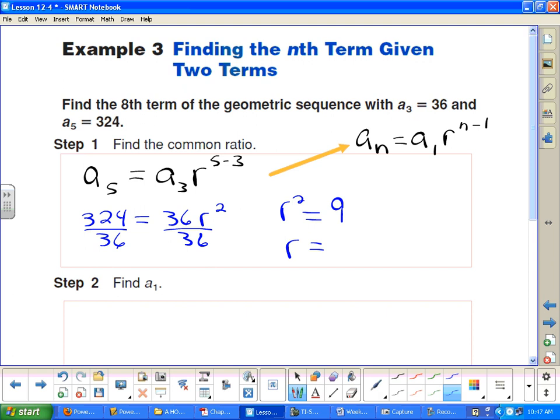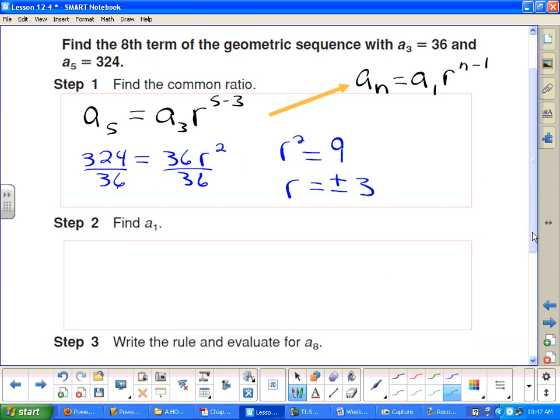Plus or minus 3. Remember, when you're solving an equation and you take the square root, you get plus or minus. So we could have a couple different answers, okay, when we find the eighth term. So now to find the eighth term, we're going to ignore some of the stuff.